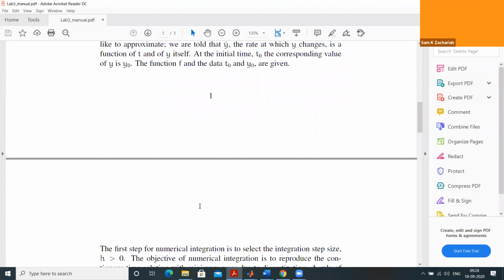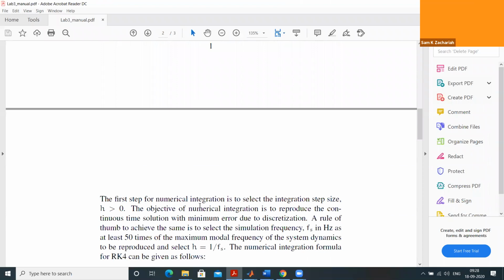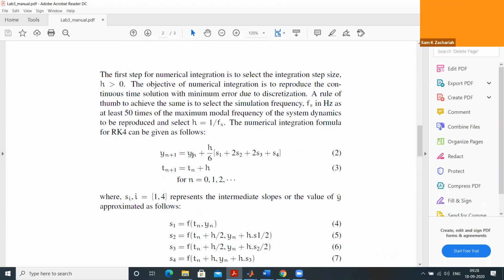Suppose that we start with the nth sampling interval. This is a sequential process. So given the nth sampling interval, how will you predict the sampled value of the state at the n plus 1th interval?